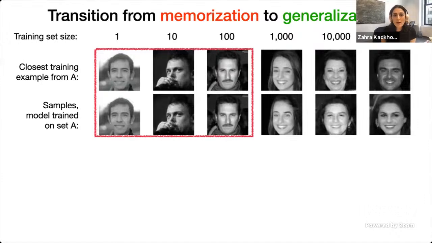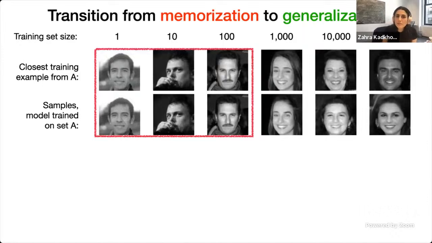All right, so now we are going to go back to each respective training set and find the closest sample to the generated sample, the closest training image in terms of Euclidean distance in pixel domain. And I'm showing those closest images in the training set for each sample on the top row.